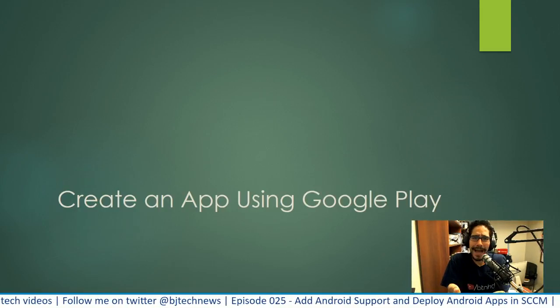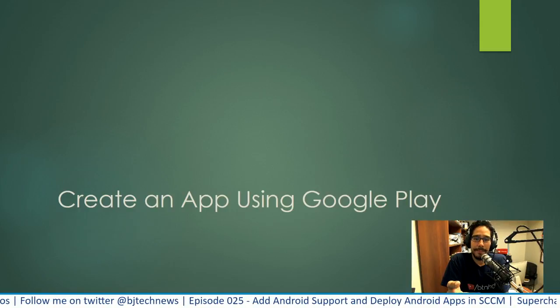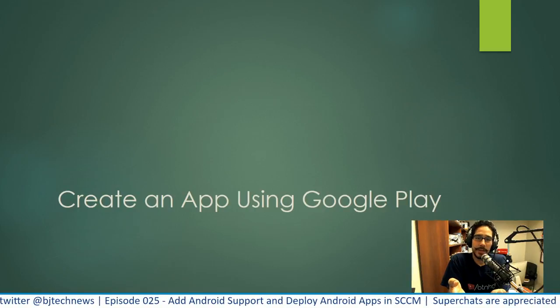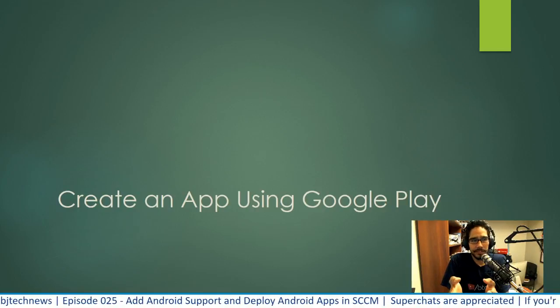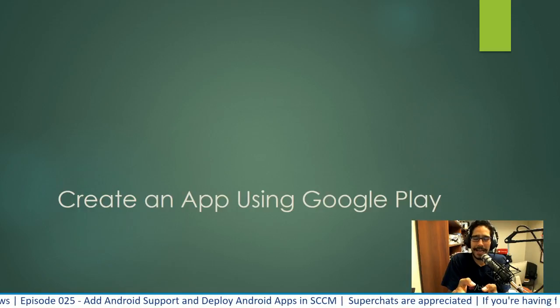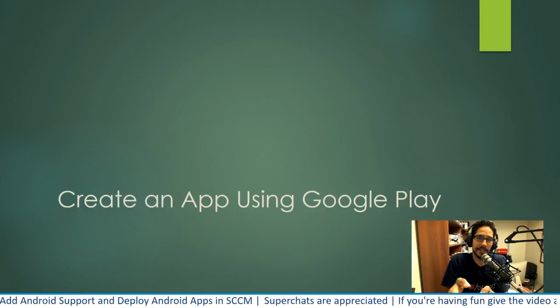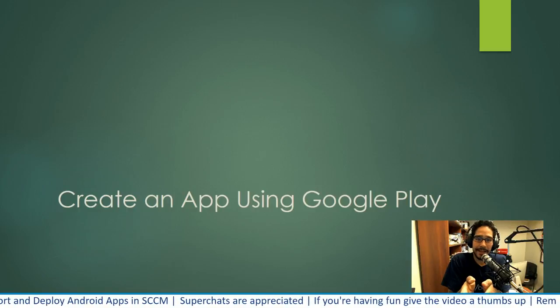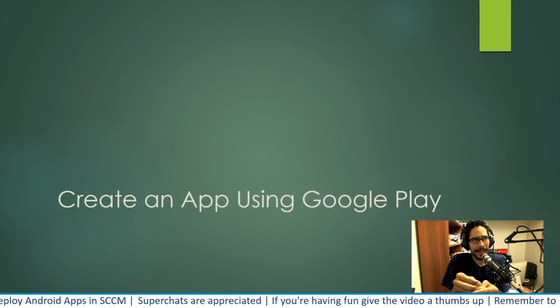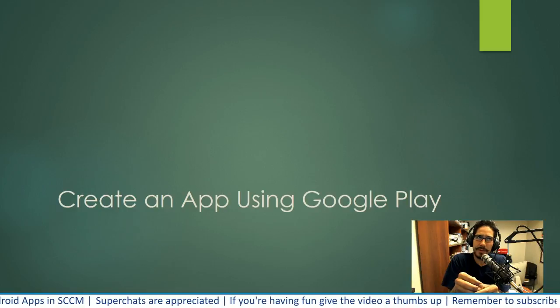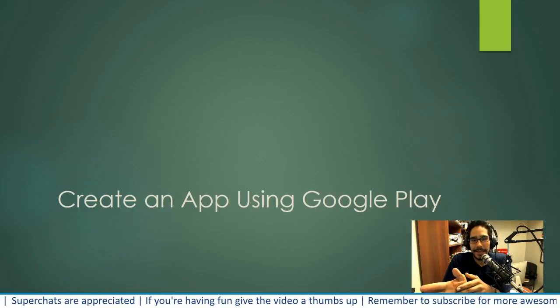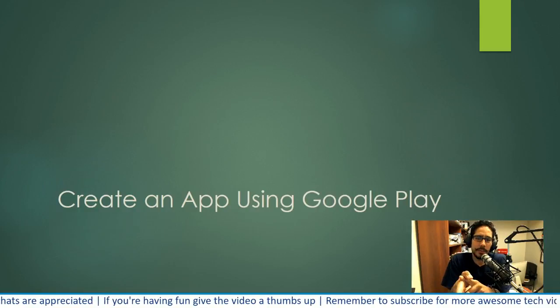I think you could bypass iTunes and bypass Google Play, because I know with iTunes and Google Play, you need to have certain guidelines you have to follow, and I think with iTunes you have to pay like $100 just to have your app there. I don't think you need to pay with SCCM as long as you have that IPA file, iPhone application file. You're able to just deploy it. You could just bypass the iTunes, and I think you could do the same thing with Google Play.